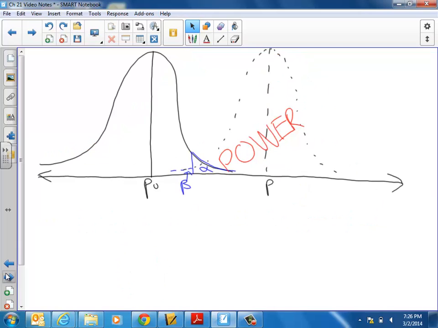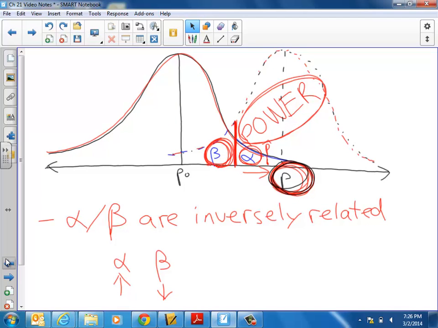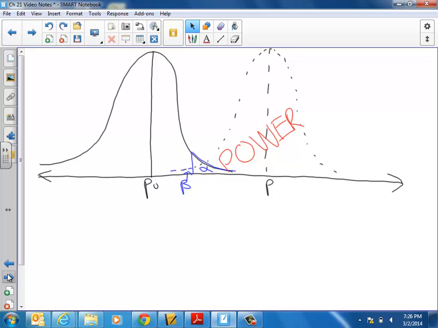All right. So what I want you to see on this bell curve, notice the width of the bell curves here compared to the bell curves here. So you've got, again, two bell curves, just like we had last slide, where the one that is dotted represents the population proportion, P, when the null hypothesis proportion is not true. That dotted bell curve is how samples are actually going to behave when the null hypothesis isn't true.